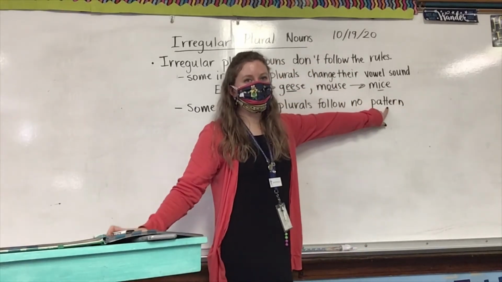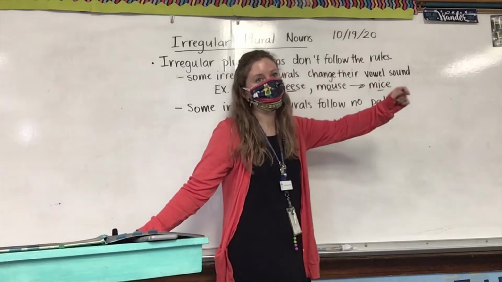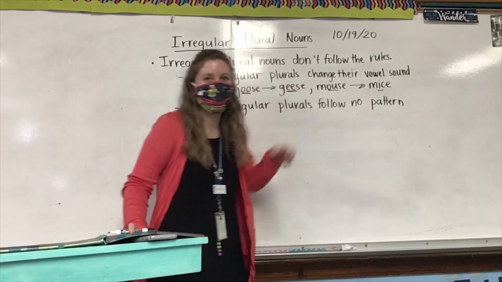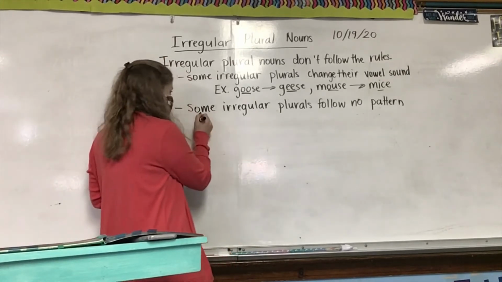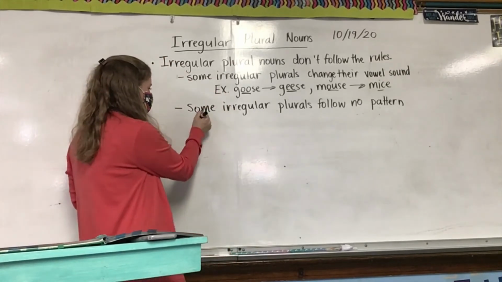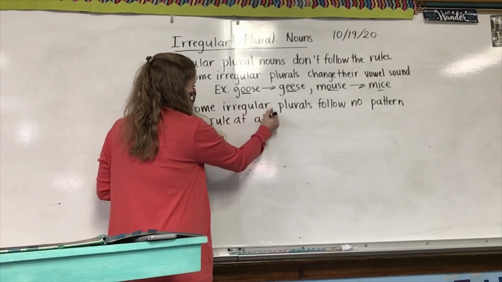Mason, when I have double T's, I do them like this sometimes. That's not an H. It's just two T's that have one line across them. I try to remember not to, but sometimes I forget. Some irregular plurals follow no pattern or rule at all.